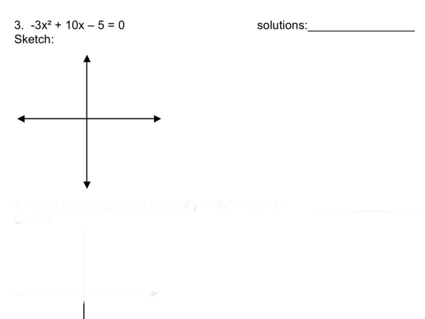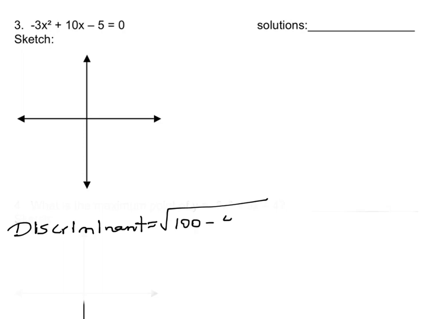All right, so we're going to go now to number 3. This one's already in the form I need it to be. Let's go ahead and just do a little check on the discriminant to see what we get. Okay, so again, it's b squared, so that's going to be 10 squared, which is 100, minus 4 times negative 3 times negative 5.